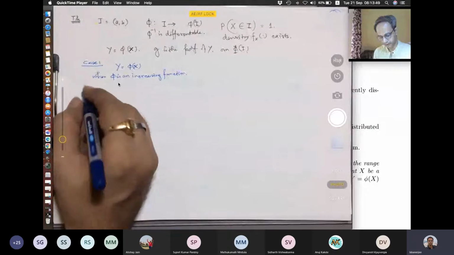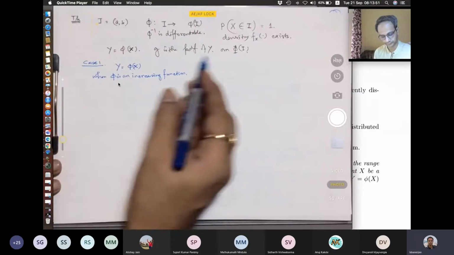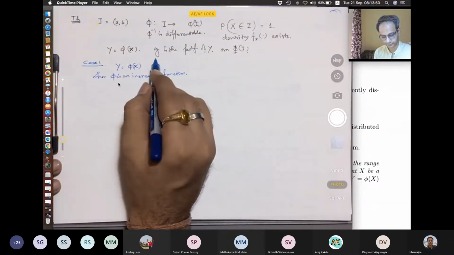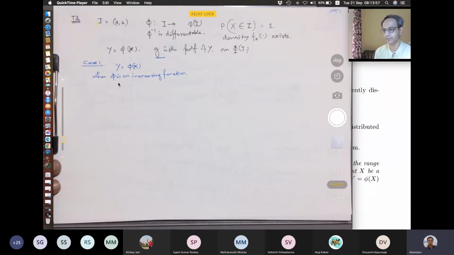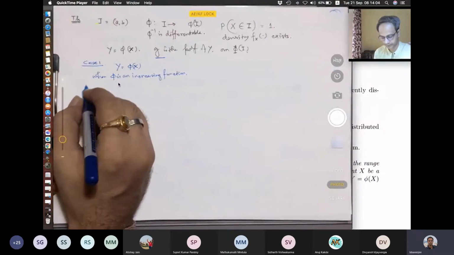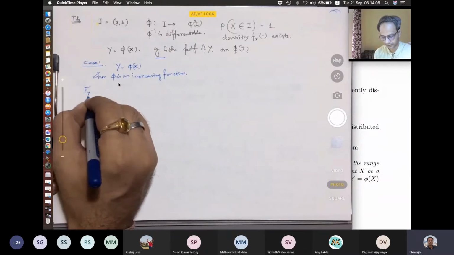We need to find the function g. The idea is the same as we have already done: you start with the CDF and then go wherever you want to go.